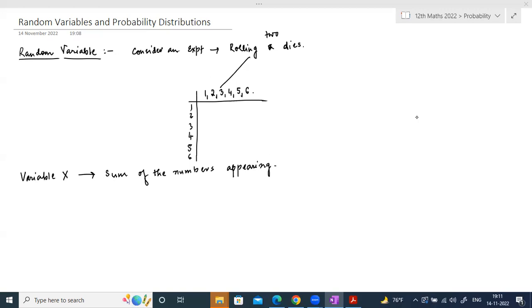Sum of the numbers appearing is the variable x. So what values can x take in this particular experiment?